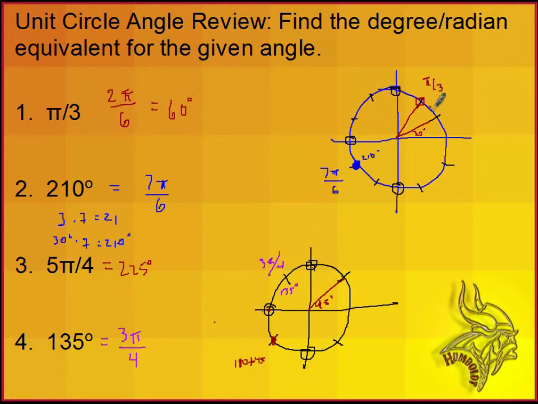So some of them are the same, some of them are different. We need to be familiar with both of those, and I think converting those becomes a little easier once we get familiar with that unit circle a little bit more. So we should at least be able to do this pretty easily by this point.